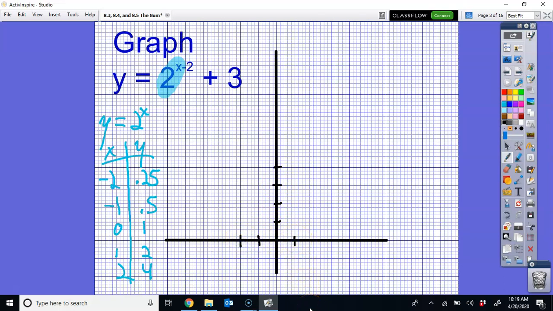I know that's pretty ugly on the screen there. So if we take -2 and 0.25, and I plot that point, it's going to be about right in here somewhere. -1, 0.5 would be about right here. 0, 1 would be here. 1, 2 would be here. And then 2, 4 would be here.